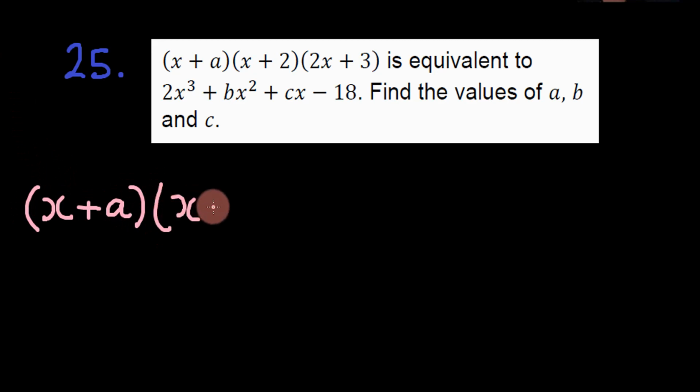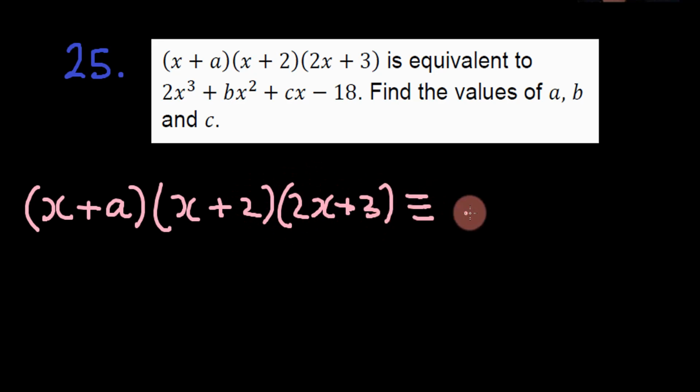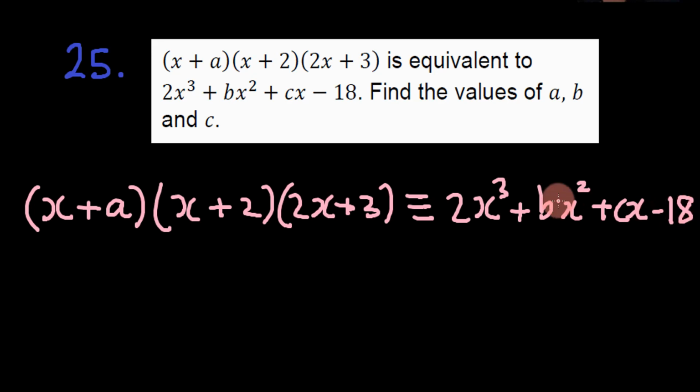So this expression is equivalent to this one. Now, note on the right-hand side, we are given the constant. It's negative 18. So the secret to solving this problem is to multiply out the constants on the left-hand side.